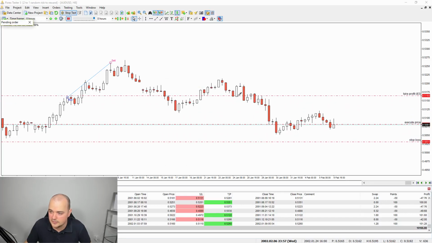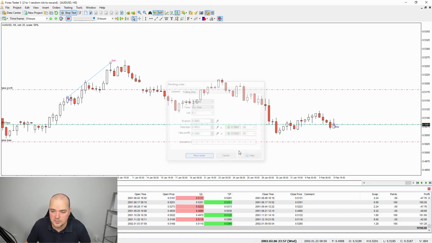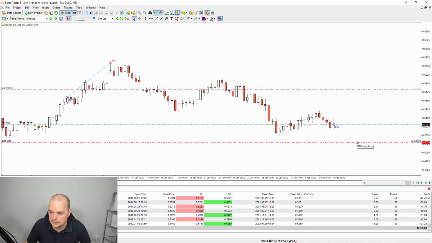I think I accidentally did 51 there. 100 pip take profit. Just a little bit smaller. Make sure this is 100 too. Yep. All right, so $10,166 using the random entry with a coin and 50 pip stop loss and 100 pip target. Let's see how this one goes.